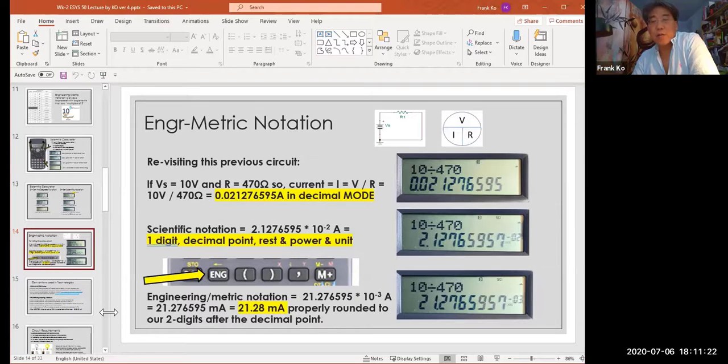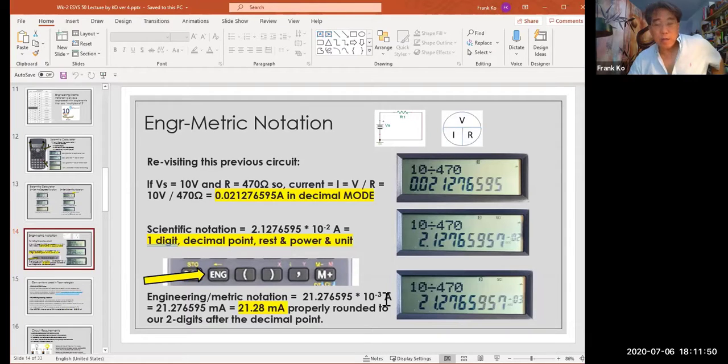It's either negative 3, negative 6, negative 9, negative 12, or it could be positive 3, positive 6, positive 9, positive 12. But all engineering prefixes end with a power that is some multiple of 3. So the display goes to show us 21.2769595 times 10 to the power negative 3, and we write down amps.